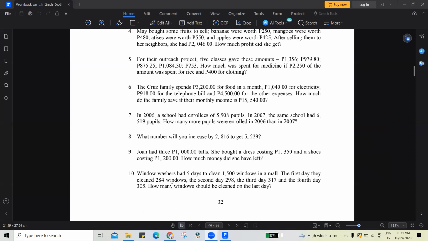The first 4 days, no? First day, second day, third day, and fourth day. Then for 4 days, this many windows you cleaned. But the fifth day, the total is 1500. Then they're asking what is the last day you are cleaning. Can you find out for me? Okay.